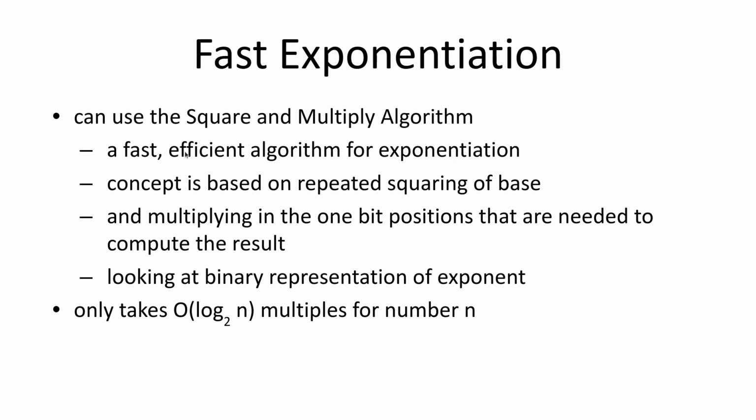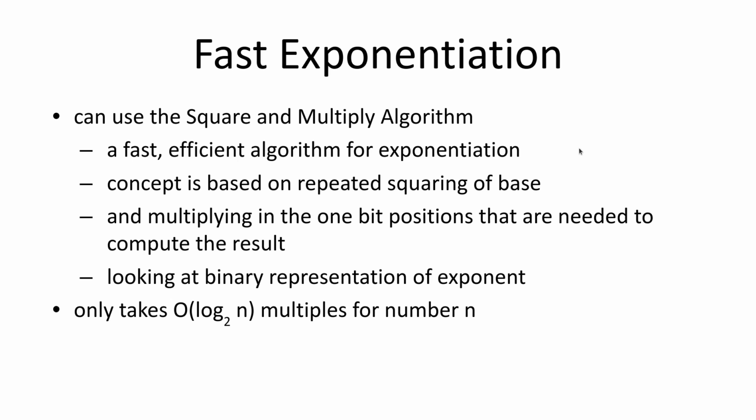The rules are: first convert the exponent to binary bits, and from left to right we always first do squaring of the base number, and then check the bits in the particular exponent from left to right.